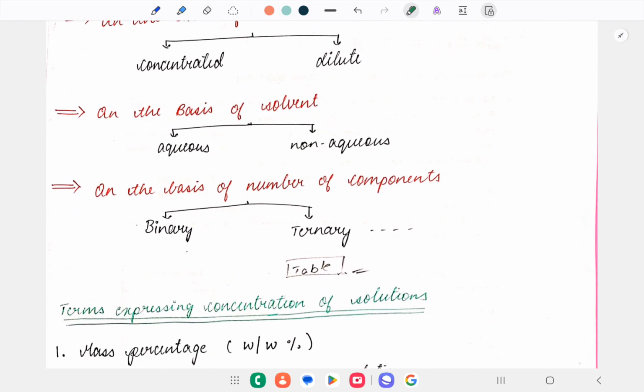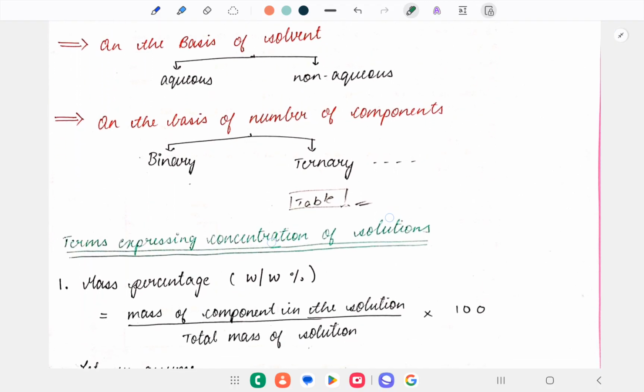On the basis of solvent, an aqueous solution is one in which the solute is mixed in water, while a non-aqueous solution is one in which the solute is mixed in a solvent other than water. For this, an example could be iodine in alcohol, and for the aqueous solution the example would be ethanol in water.